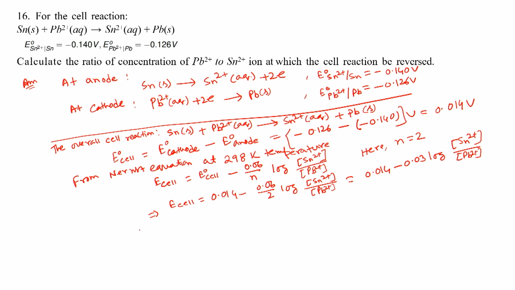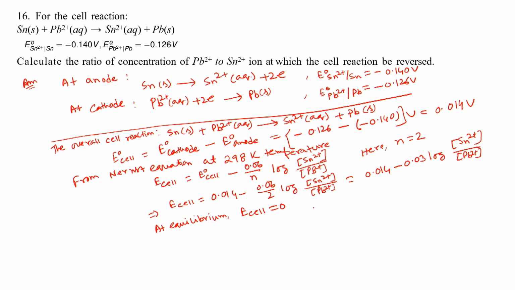Now, because we need to calculate the ratio of concentration of Pb2 plus to Sn2 plus, at equilibrium E cell is 0, right? That we already discussed in the class. So E cell is 0.